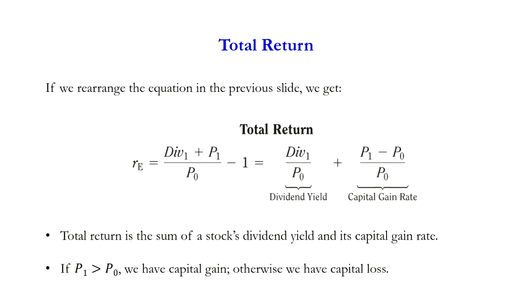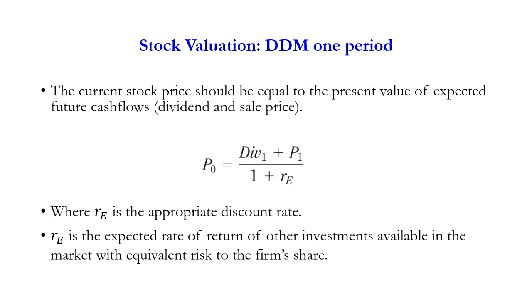If we are trading in the market, it's usually very important for us to know what is the return on our investment. So if I rearrange this equation, let's call it equation 1, I can get a formula for total return.